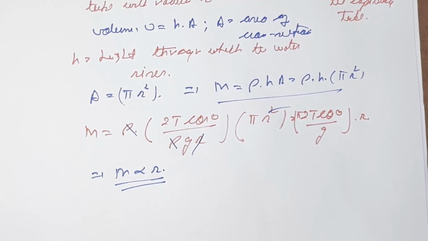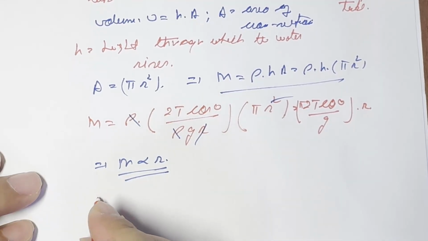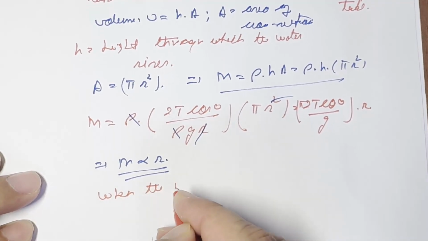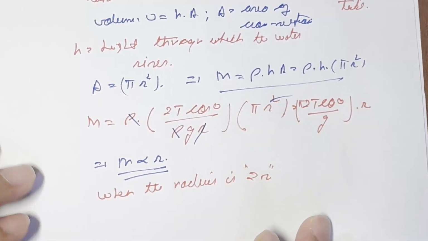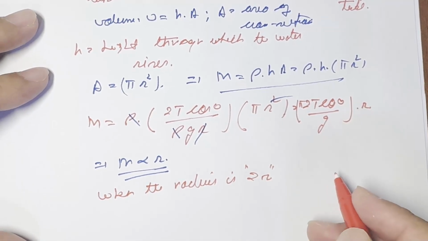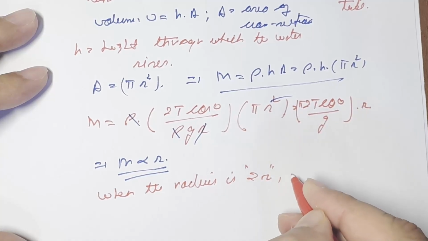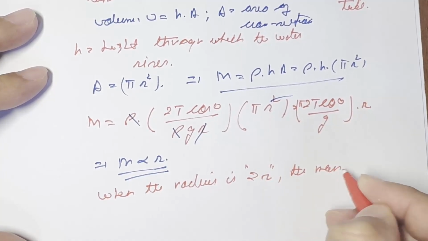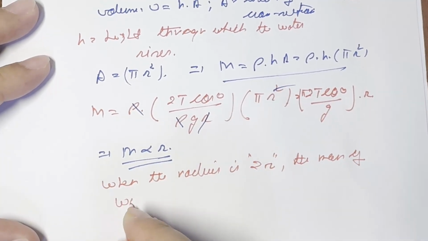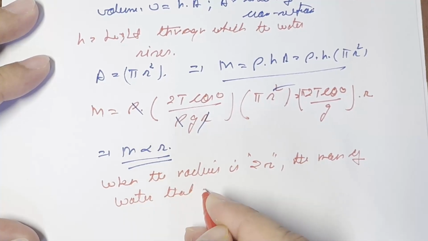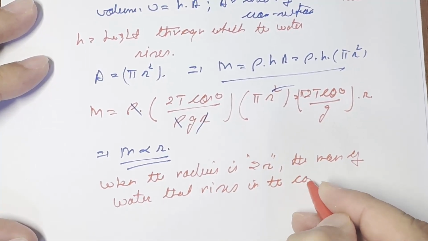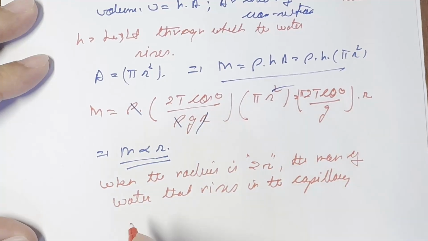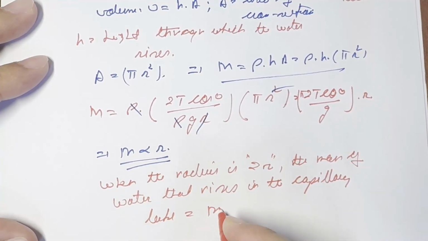Now if the radius is changed to 2r, let us suppose the mass of water that rises in the capillary tube is m prime.